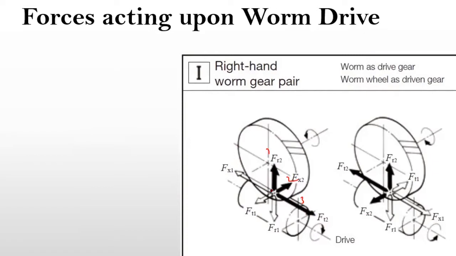Then as per Newton's third law, if there is a force at contact, there is always a reaction force, right? So on the worm we have the same forces, equal but opposite in direction: the axial force, the radial force, and the tangential force. These three on the worm, these three on the wheel. So these are the forces acting upon the worm drive.